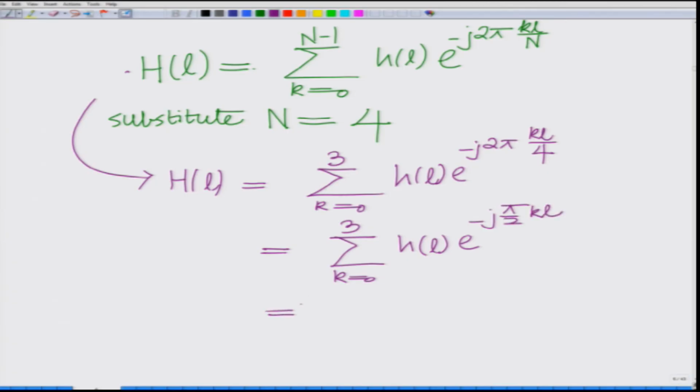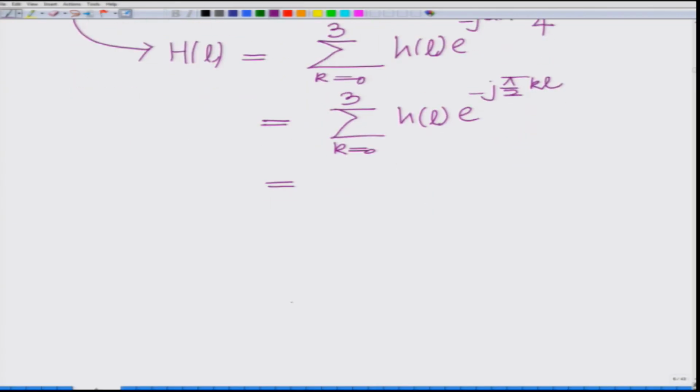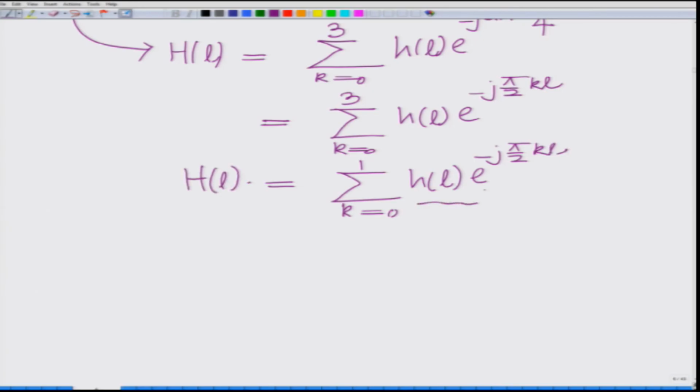In fact, you can write explicitly, because although we are taking the summation from k equal to 0 to 3, it is a 0 padded FFT, there are only 2 channel taps. So, I can write k equal to 0 to 1, and that is something you can remember because this is a 0 padded FFT.